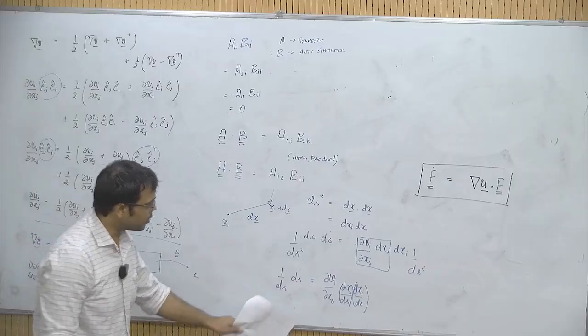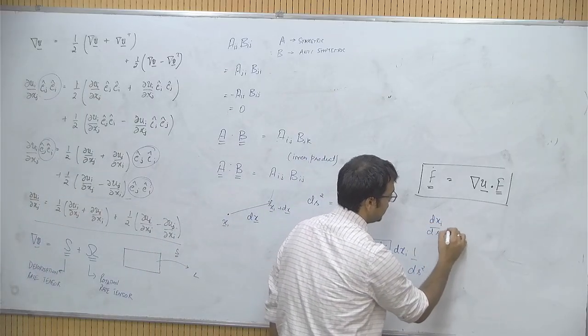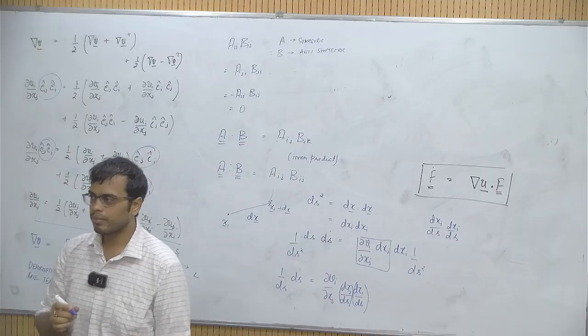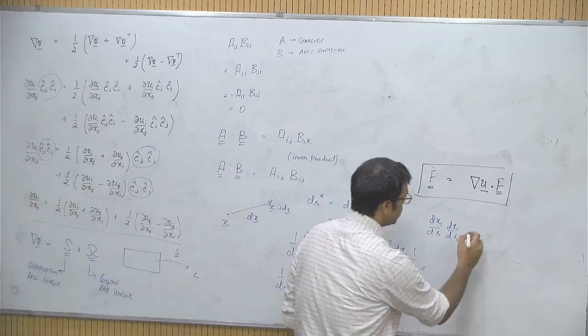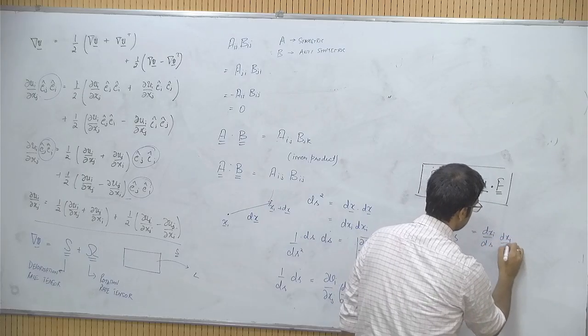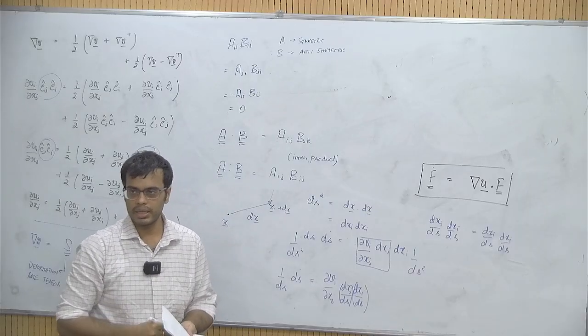And what about this tensor? The tensor dxj over ds and dxi over ds, is it symmetric? It is symmetric, right? It is equal to dxi over ds dxj over ds. The product is symmetric. If you swap i and j, there is no minus sign that appears.